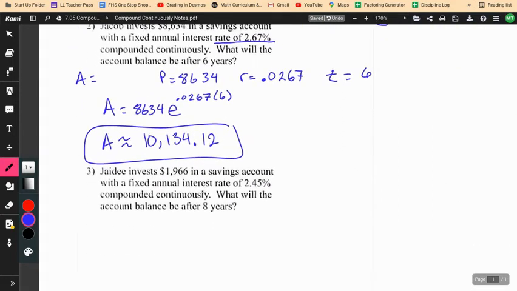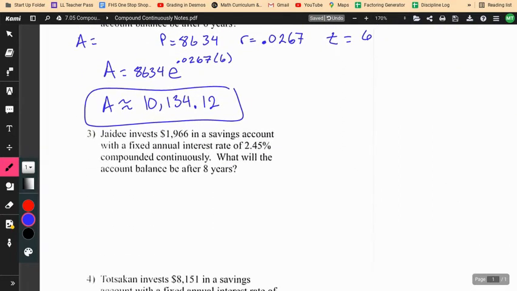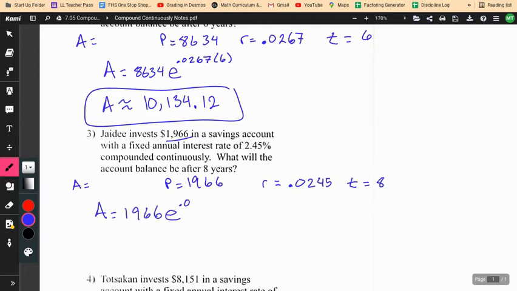And so that's what I do for the next two. To save some time here, I'm going to find the value and write the equation for both of them. Then I'll go back and find the answers. So our initial investment, 1,966. I have a rate of 0.0245 and then a time of 8 years. So when I plug in, that's what I'm going to have.